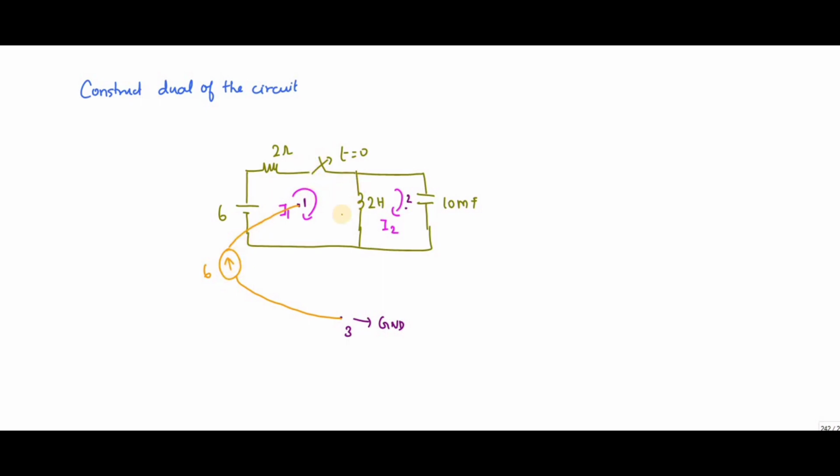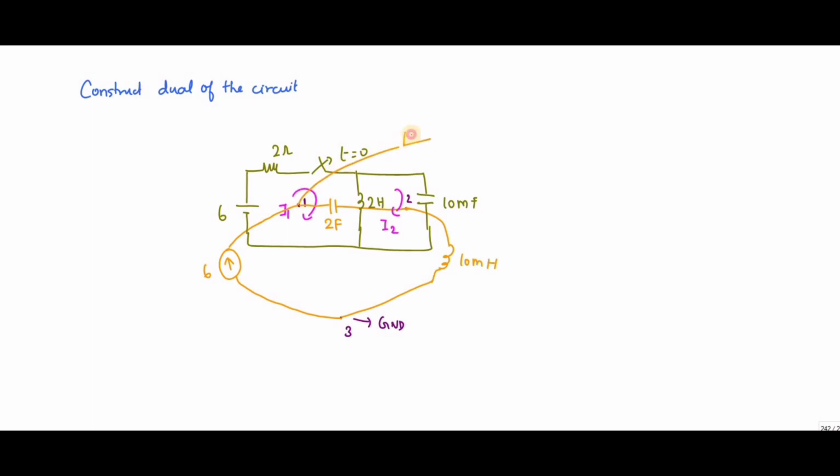Next step, from 1 to 2 I have an inductance, so that should be replaced by a capacitance. The capacitance value is 2 farad. From 2 to 3 I have a capacitance, so I have to replace it by an inductance, and that value is 2 milli Henry. And from 1 to 3, you have to draw the switch.